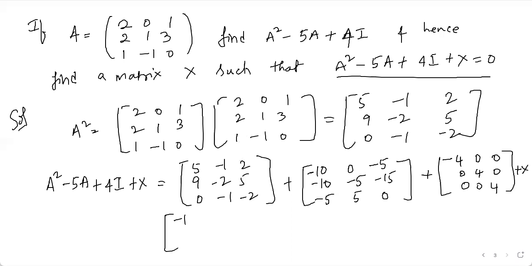And then we get minus 1, right? And minus 3, right, in the first row, that is R1, and this will be minus 1, right?